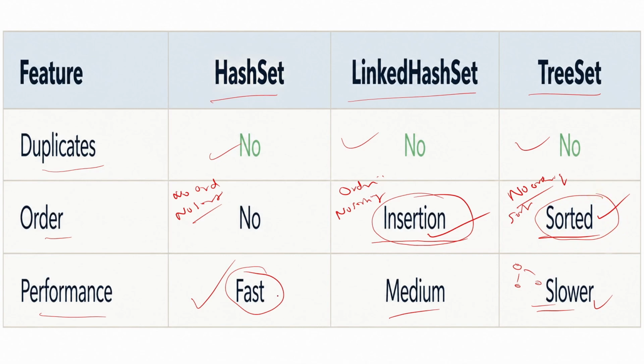So based on our requirement, we should choose which implementation class we should go for. If we know these properties for all the 3 implementation classes, then we can easily take decisions based on our requirement about which implementation class we should use.